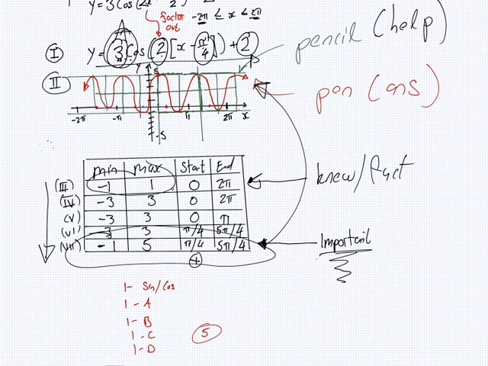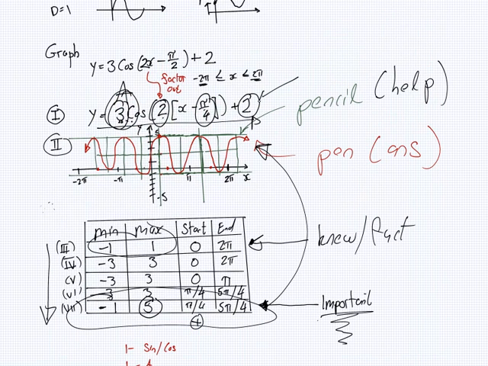Where did you get 5? That's when I looked at the D. The plus 2 moves the graph up 2 units. So here, this was minus 3 to 3, and then plus 2 brings it to minus 1 and 5. This is because of A, because of B, because of C, and because of D.